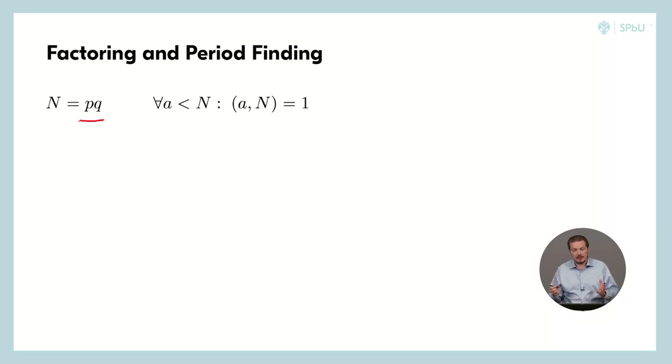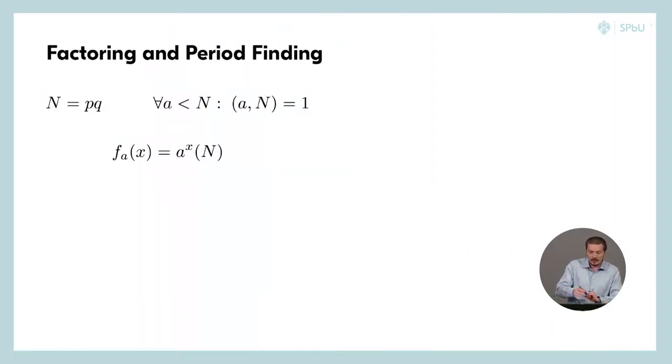And if we choose randomly a number a and it appears to be not coprime to n, then we don't need all the following, since we can just compute the greatest common divisor of a and n, and if it is not 1, it will be one of these numbers, p or q.